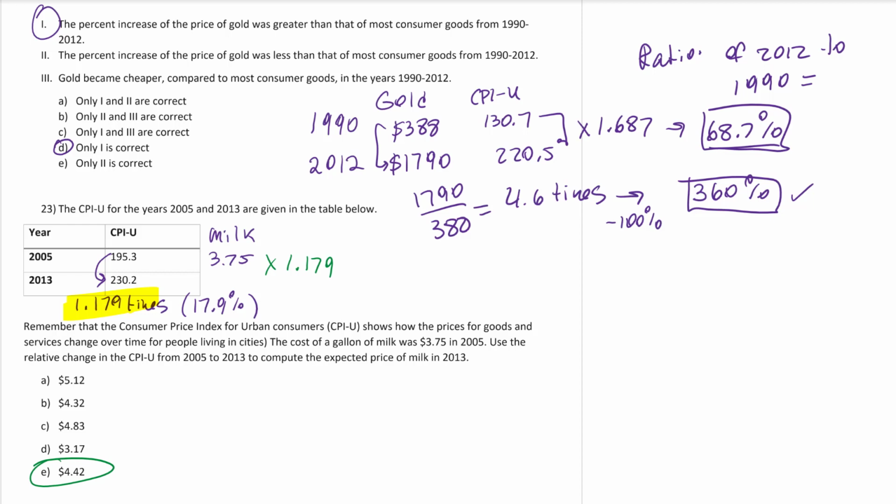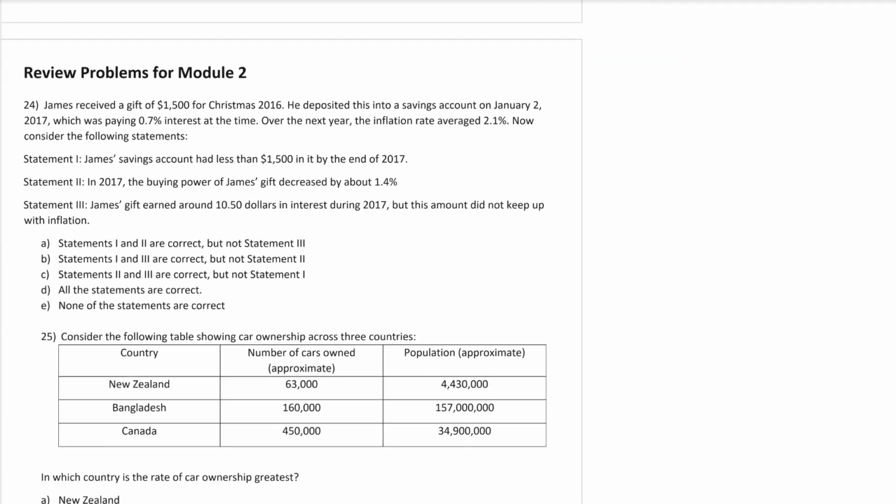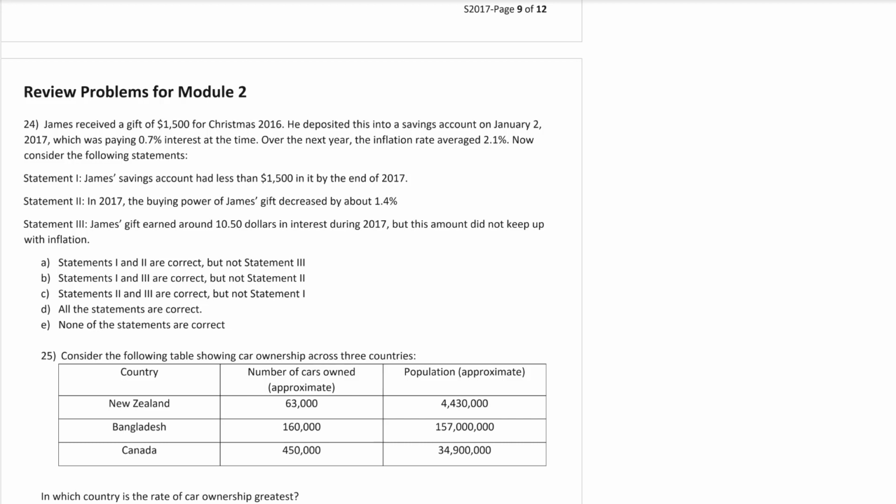Okay, almost there. Let's go to question number 24. James received a gift of $1,500. He deposited this into a savings account, which was paying 0.7% interest at that time. Over the next year, the inflation rate averaged 2.1%. Now consider the following statement. So let's understand this.